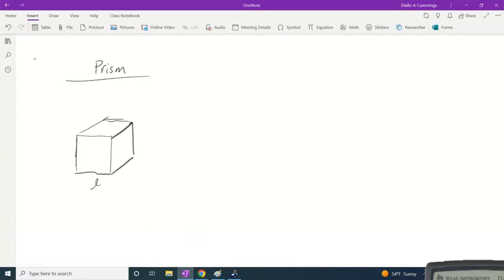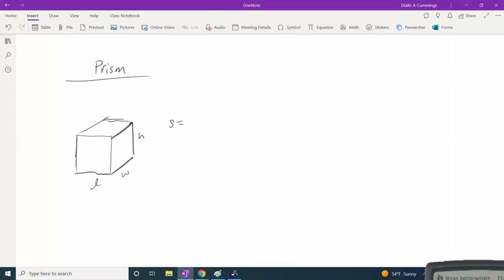Where you're going to have a length, a width, and a height. So I'm looking for the surface area, right? So I want the amount of surface that all 6 sides of this thing has.